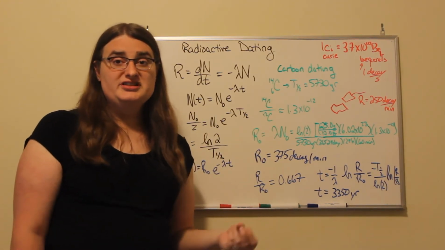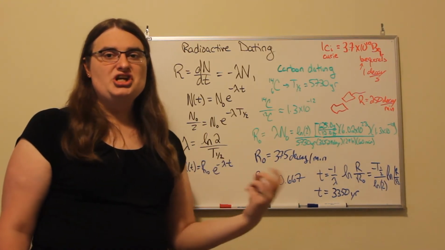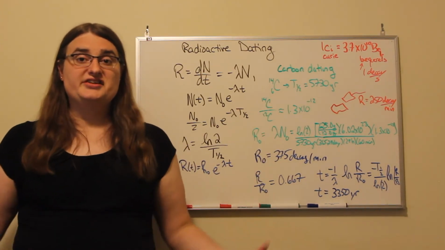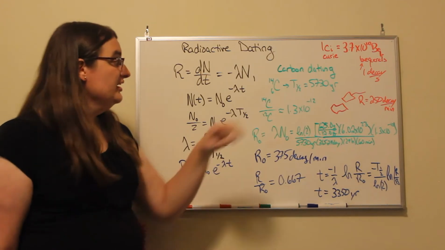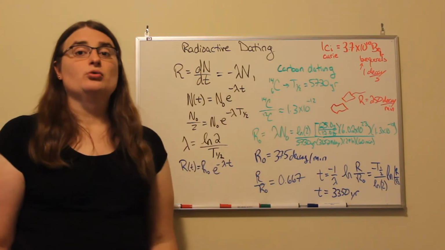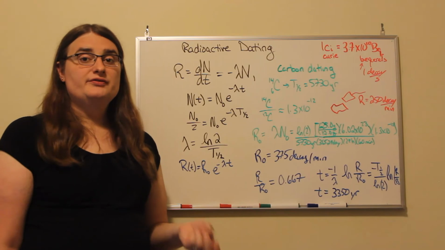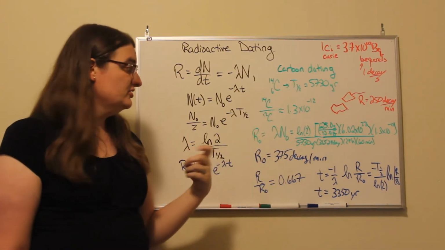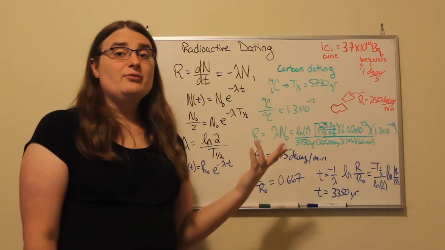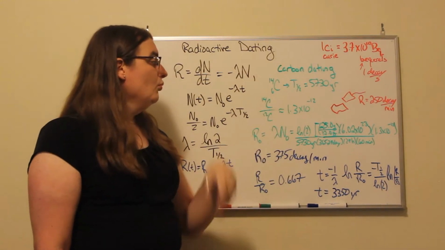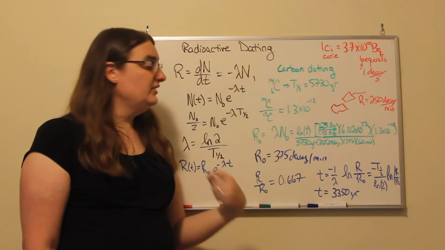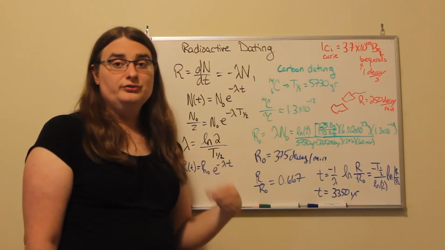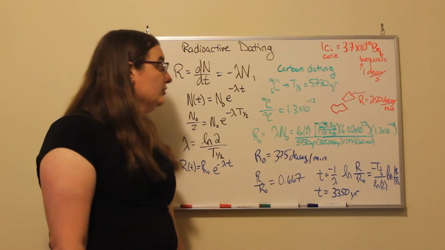Now, carbon-14 is something that is generated in the atmosphere due to high-energy collisions that are happening. On average, there is a typical ratio in the atmosphere for carbon-14 isotopes compared to carbon-12 isotopes. And that ratio is approximately 1.3 times 10 to the negative 12 carbon-14s for every carbon-12 that we have.